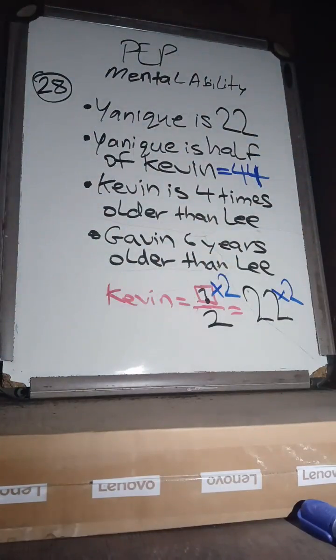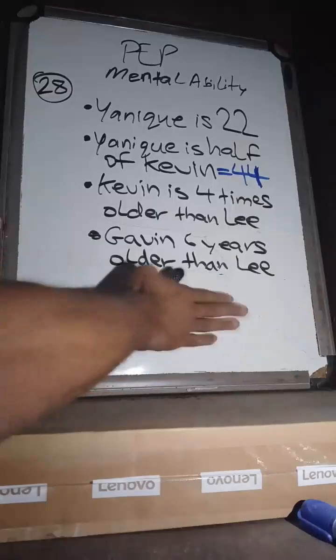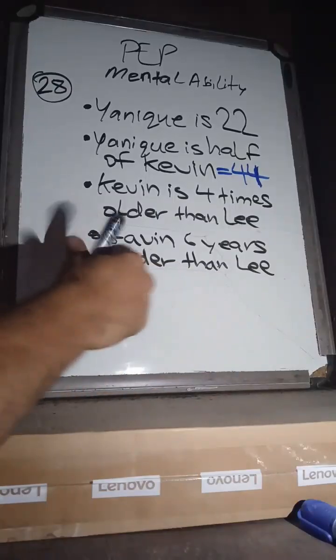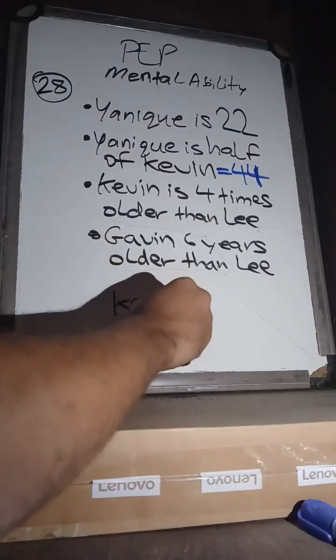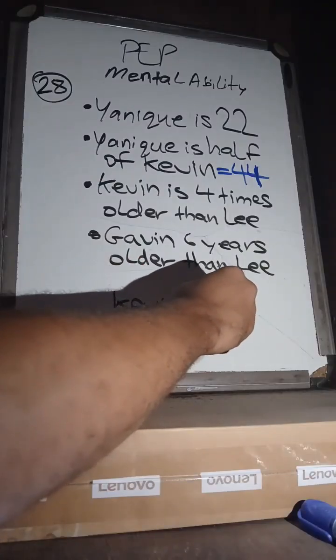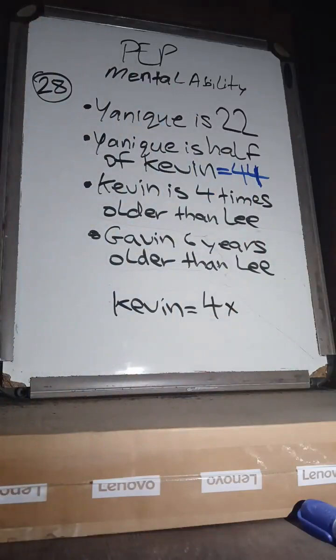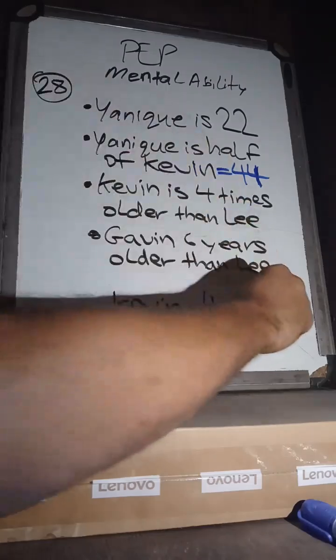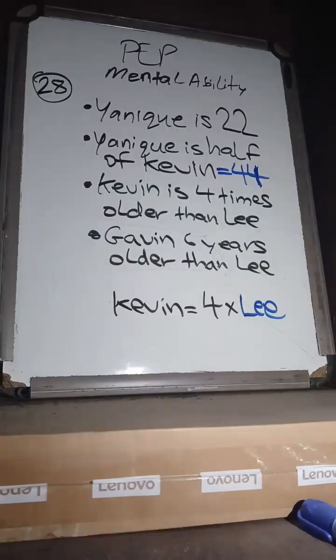Now they say Kevin is 4 times older than Lee, right? So what we could have said here is, let me see if what I have here makes sense. 4 times Lee is equal to Kevin.